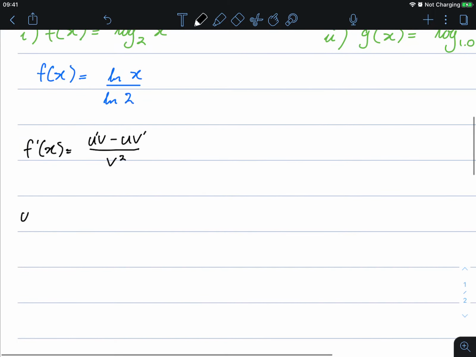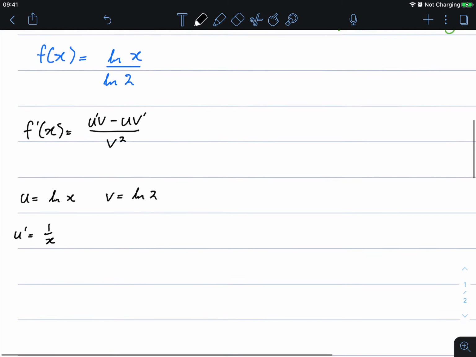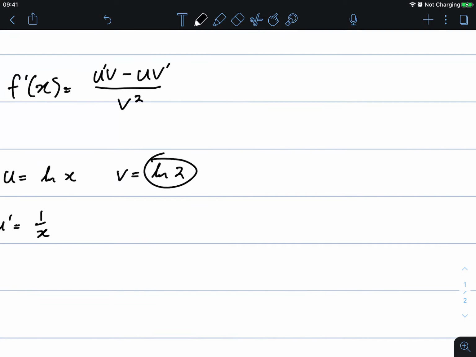So for this, u is ln of x, u prime, well that's 1 on x, v, that's ln of 2. Notice how it has no x values. This is actually just a constant. This is just a number. V prime is actually, well, that's just 0.